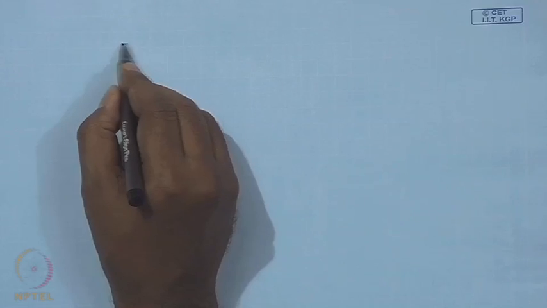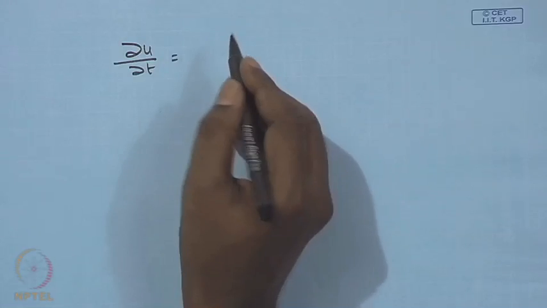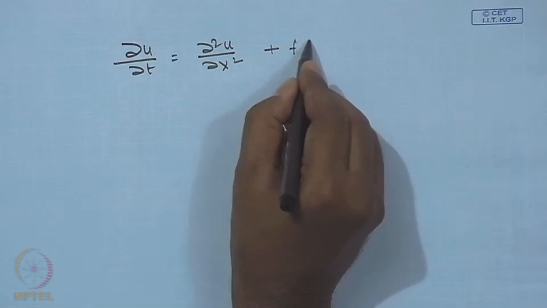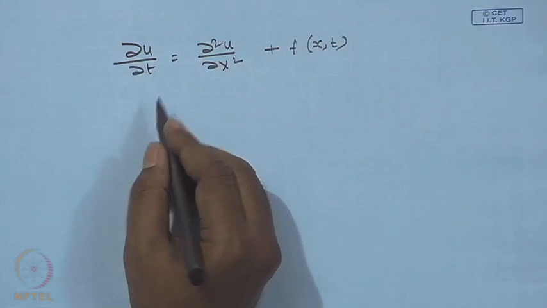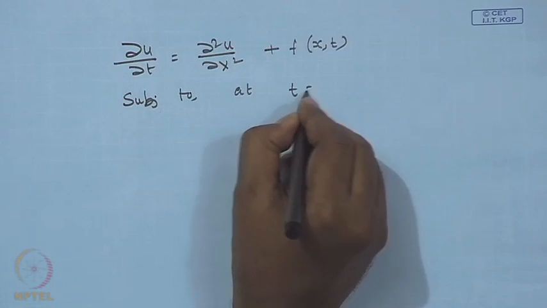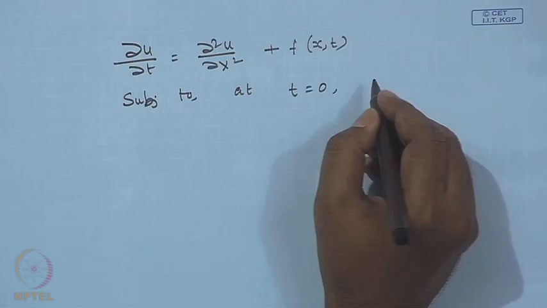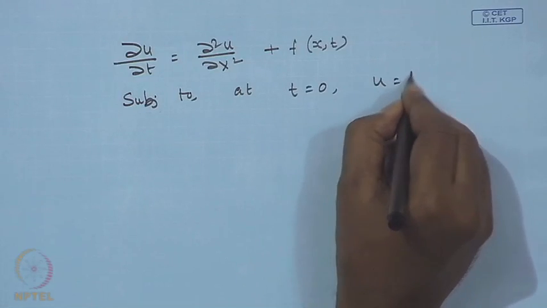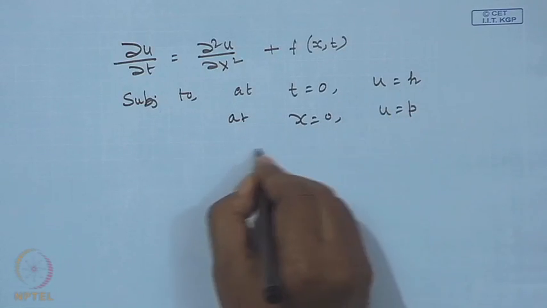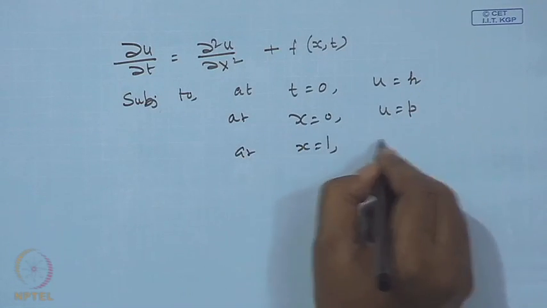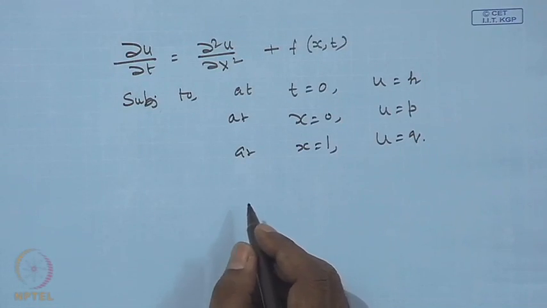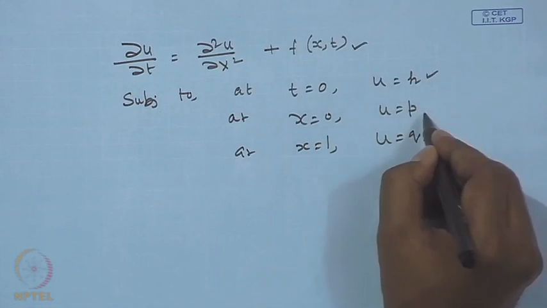So, we are looking into the system ∂u/∂t = ∂²u/∂x² + f(x,t), subject to the initial condition at t = 0, u = h; boundary conditions at x = 0, u = p; at x = 1, u = q. So, we consider the initial and boundary conditions on u, and there are 4 sources of non-homogeneity in our problem.